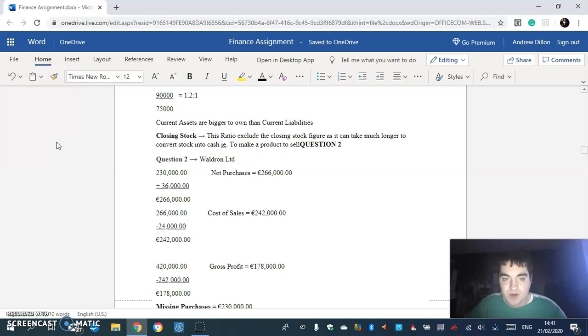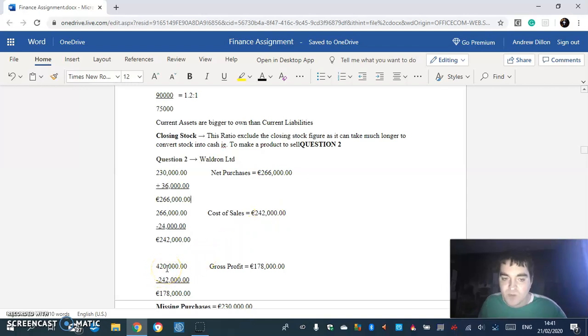So, my missing purchases was €230,000, and my opening stock was €36,000. And then when it comes to my net purchases, the missing figure was the answer of €266,000. And then my cost of sales, I have to minus €24,000, which is closing stock, from €266,000, and my answer will be €242,000.